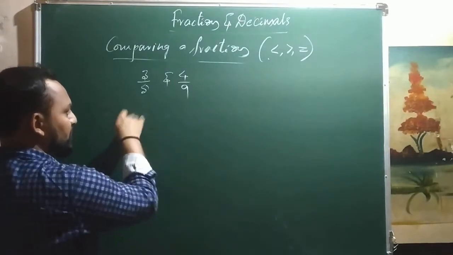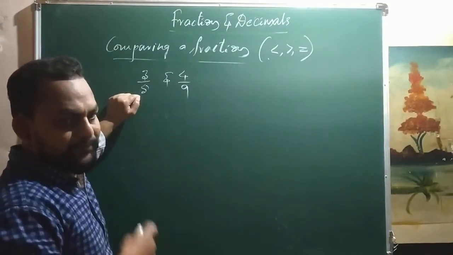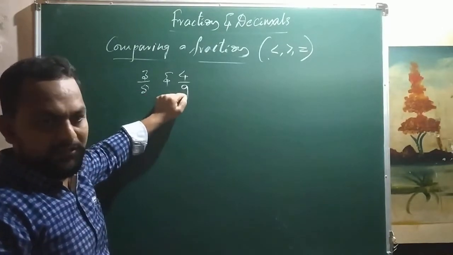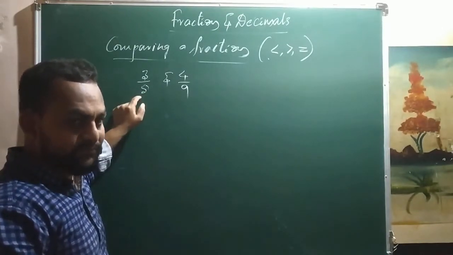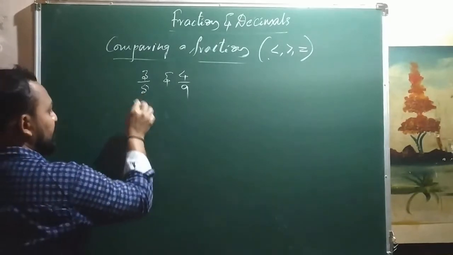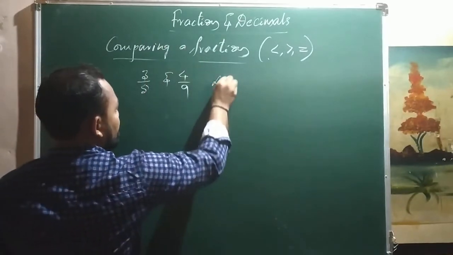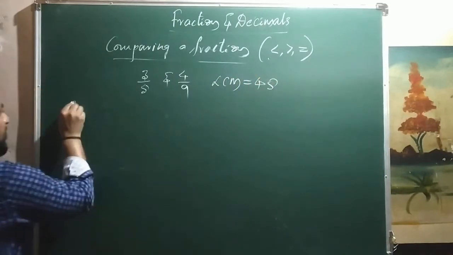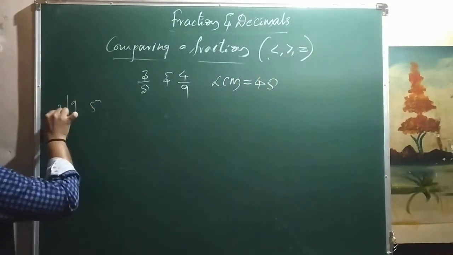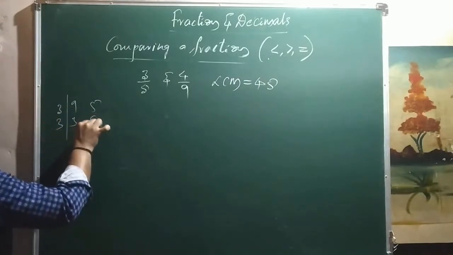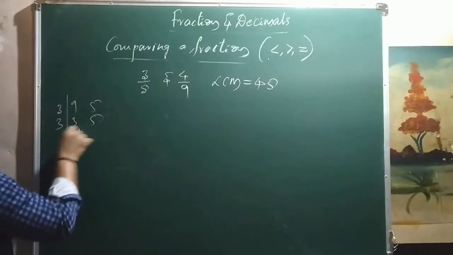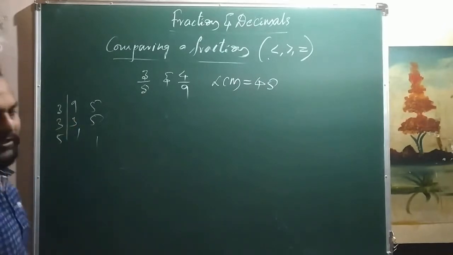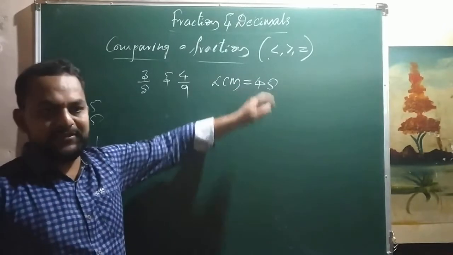Here the 9 and 5. These two, 5 is a prime number and 9 is a composite number. 9 5s are 45. Here the 45 is the LCM. LCM is 45. 5 3s are 15. 15 3s are 45. The 45 is the LCM.